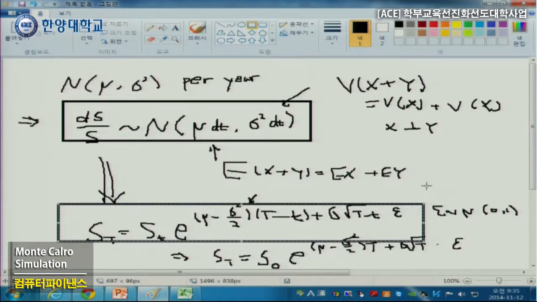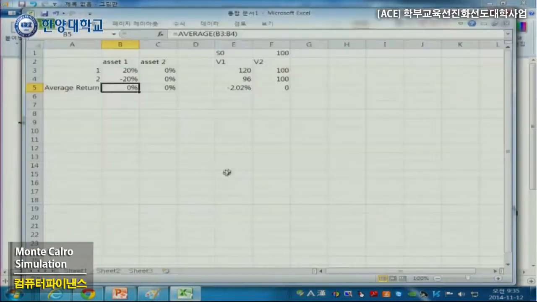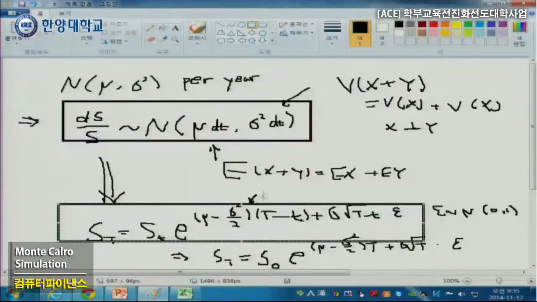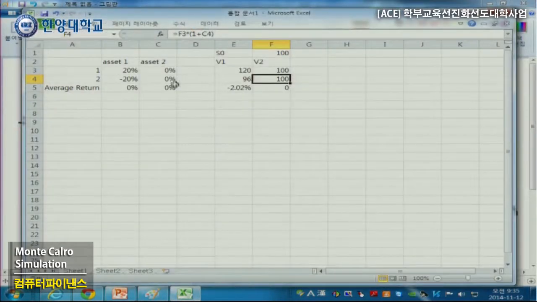So this is actually the value of the asset. So big ST is actually this one. And the actual holding period return, which is this part, becomes the same as the average return only when volatility is 0, like this one.